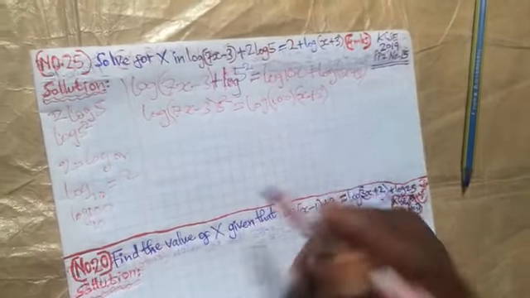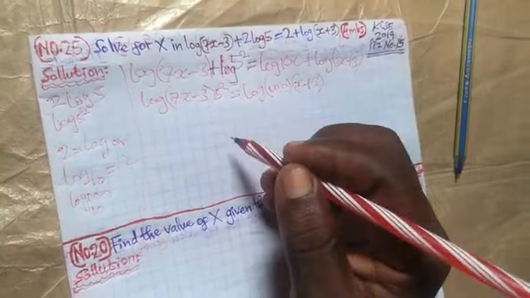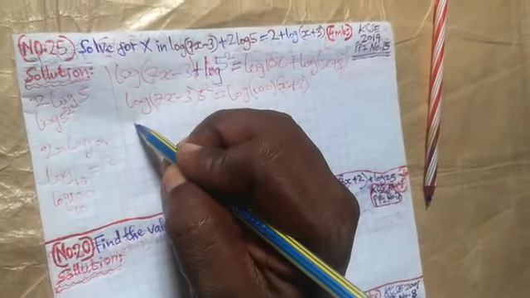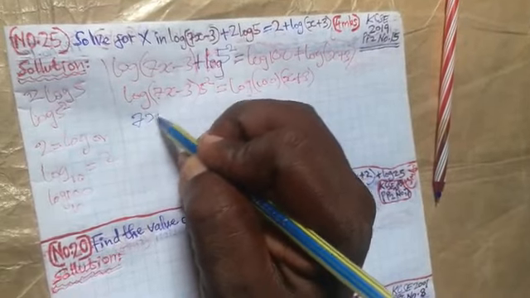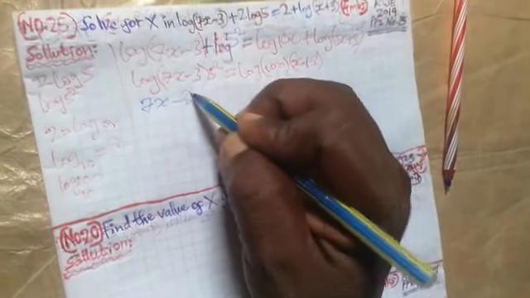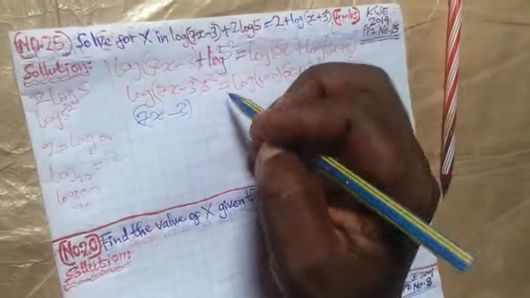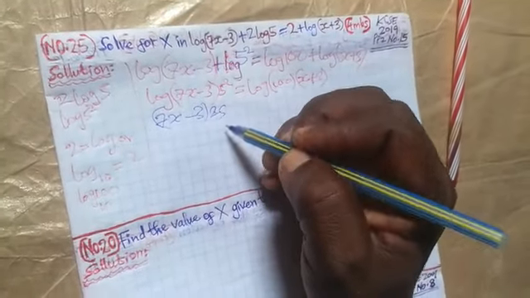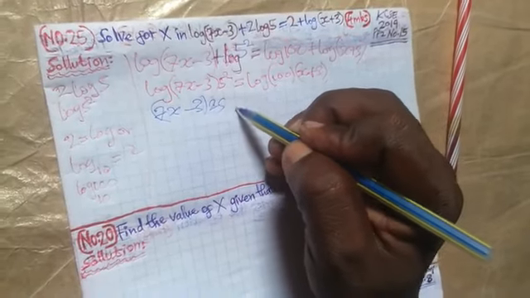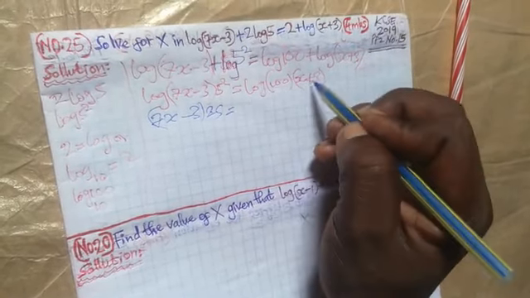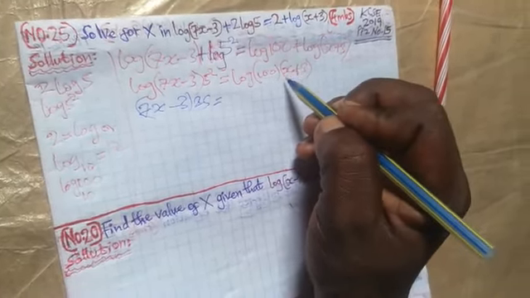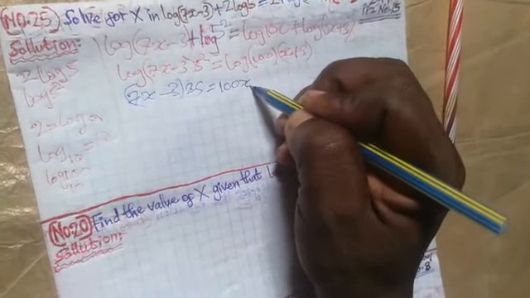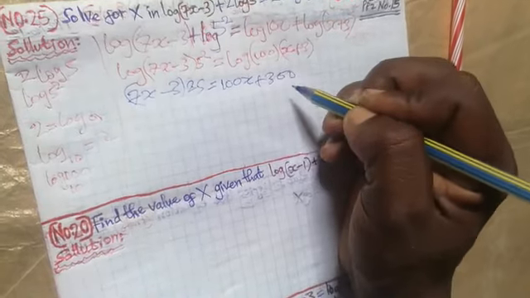By dropping the logs on both sides, we say that this is (7x minus 3) times 25 is equal to 100x plus 300.